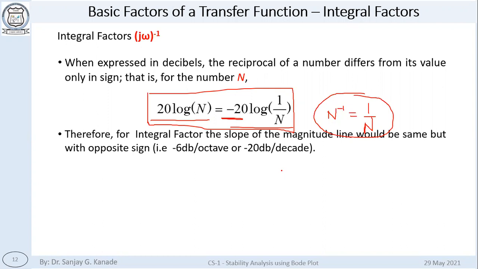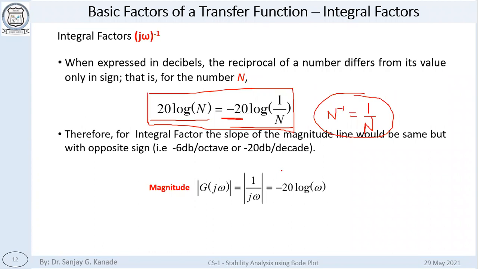The direction of the straight line will be opposite. Means what? The magnitude plot of an integral factor will be a straight line with a slope of minus 20 dB per decade.